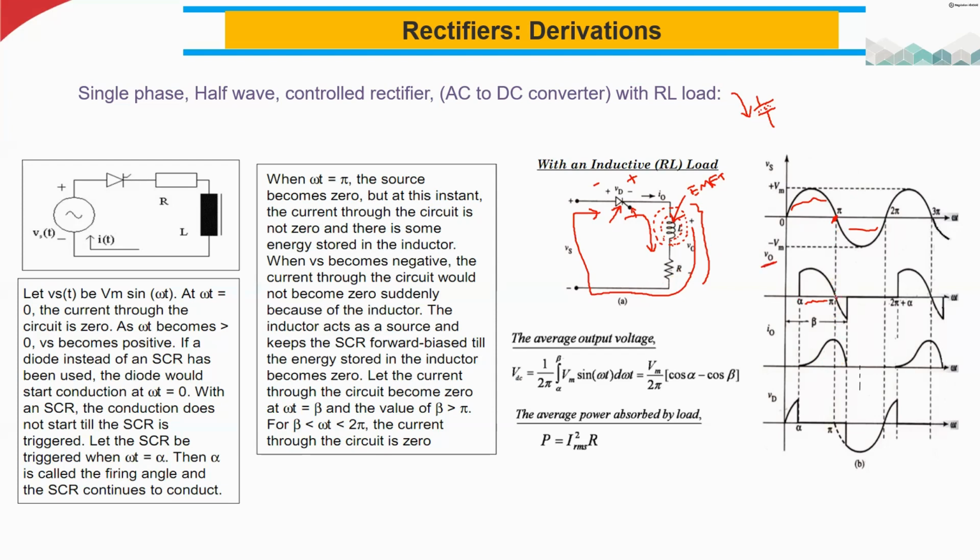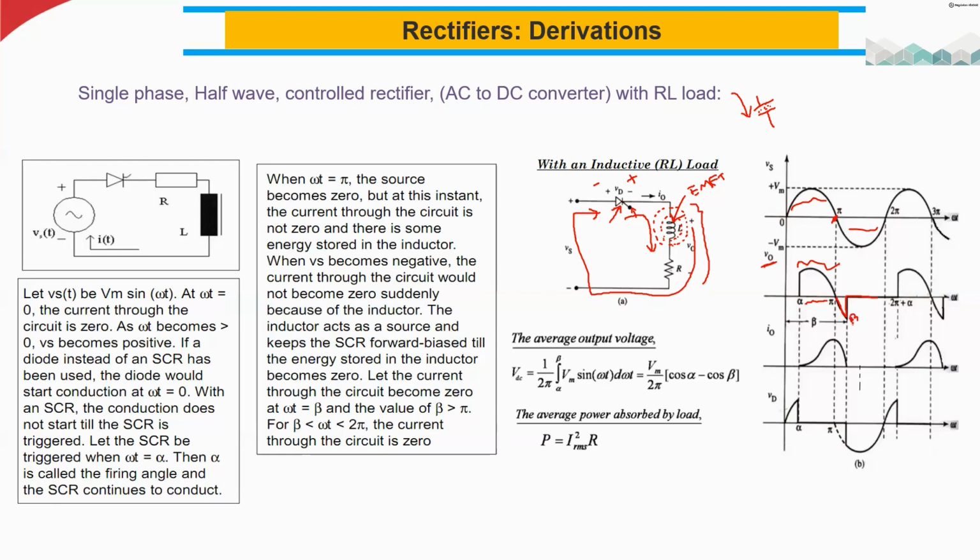Alpha to pi, we get the output. That is very good. But here in the negative half cycle also, we are getting some negative output, right? This is the property of the inductor. Whenever we have an inductive load in the application, we will have this effect. So this point is called beta.